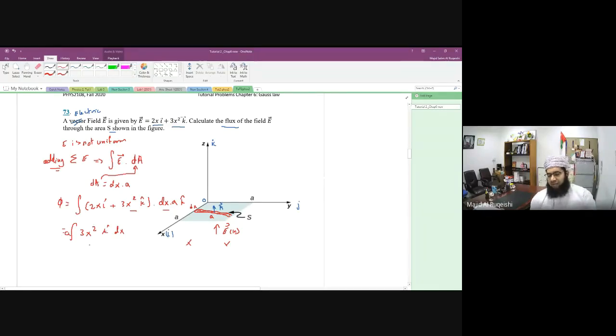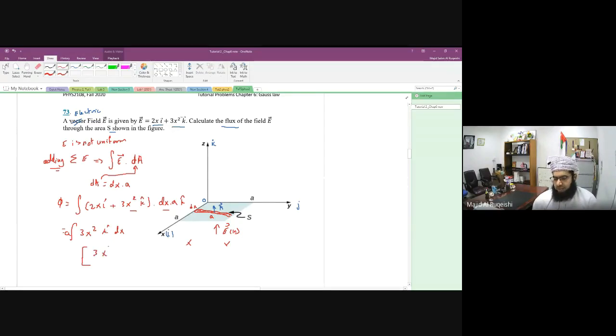If you have a normal, direct integration of 3x squared A dx, we want to integrate this one.